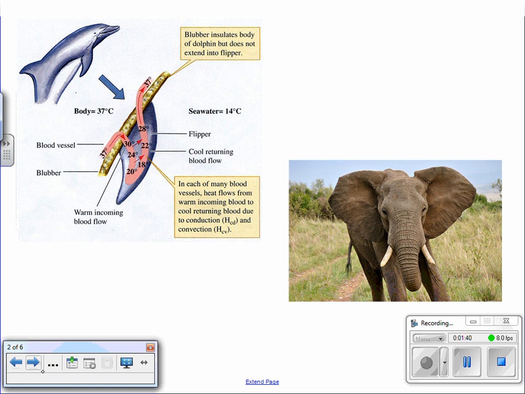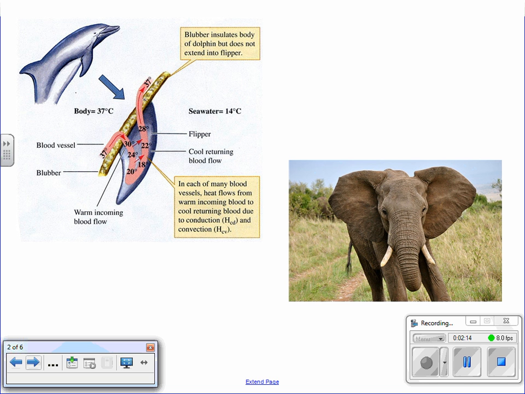Now, there are a few different ways that animals use the circulatory system to help regulate their body temperature. One of those is, as an example, this dolphin here. What you actually are going to see in most animals, like the dolphin, like the elephant here, is that they use thin pieces of tissue around their body to expose their blood vessels, their arteries, and their veins to the environment more so than if they were inside the body, tucked away.